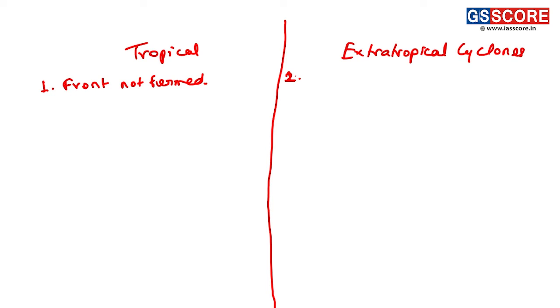Cyclones and hurricanes have quite different systems which are not based on the front system. It is basically based on the system of energy and the vertical circulation of air which is taking place over the sea region. Okay, so extratropical cyclones have frontal systems. They have fronts present, where there is a warm front or cold front present here.